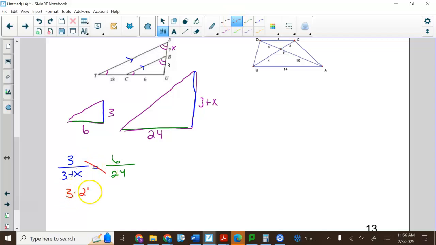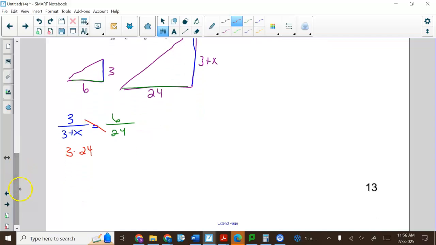3 times 24 equals 6 times x plus 3. 3 plus x or x plus 3, doesn't matter. All right, so 3 times 24, 72 equals, and then over here, we need to distribute that 6 through. 18 plus 6x.